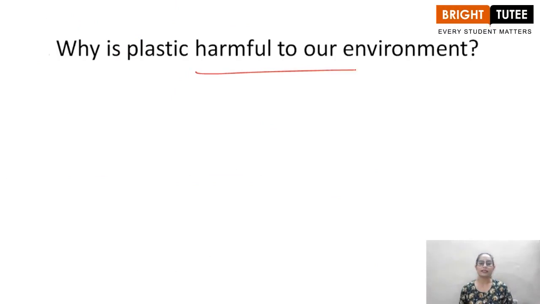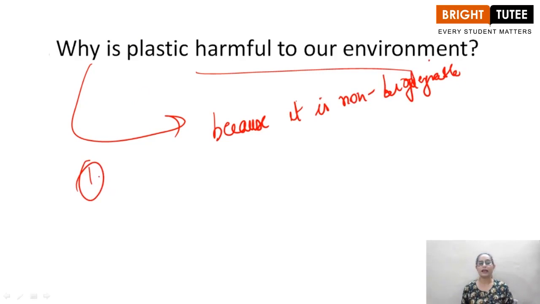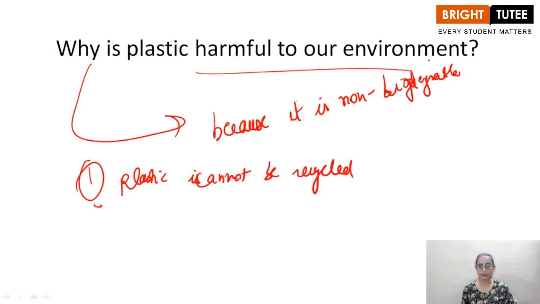Then why is plastic harmful to our environment? It is harmful because it is non-biodegradable. Now basically this will be a multiple choice question in which you will have the following options: that plastic cannot be recycled, right? The first option can be this.